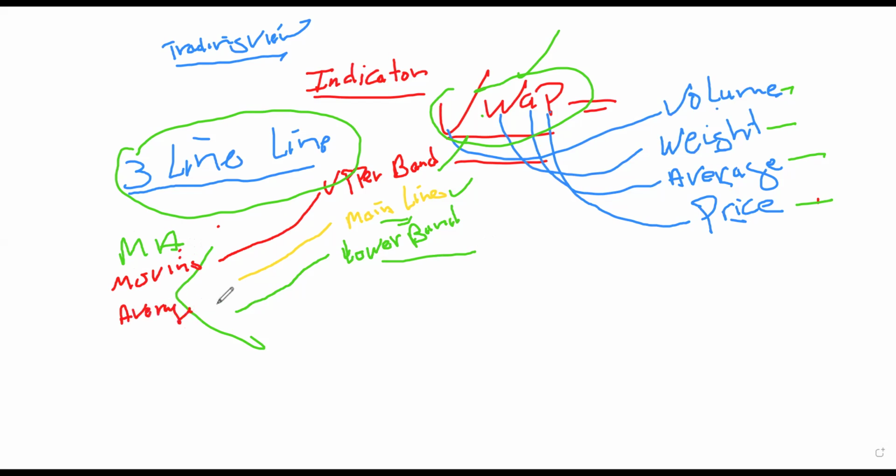So we consider these three lines moving averages in the VWAP. VWAP has three lines: the first one called the upper band, the second called the main line, and the third called the lower band.